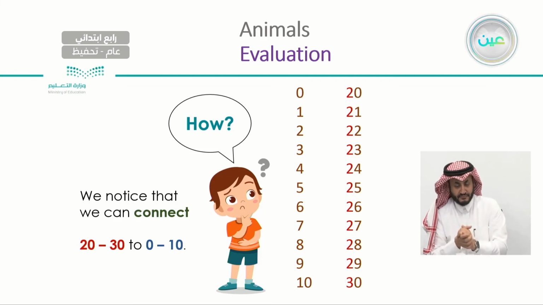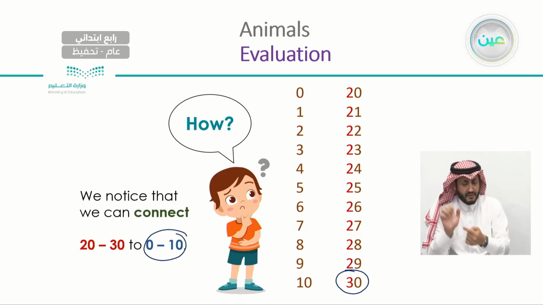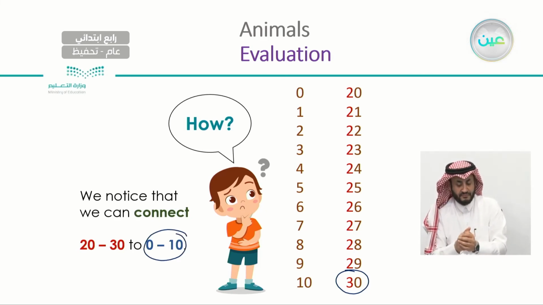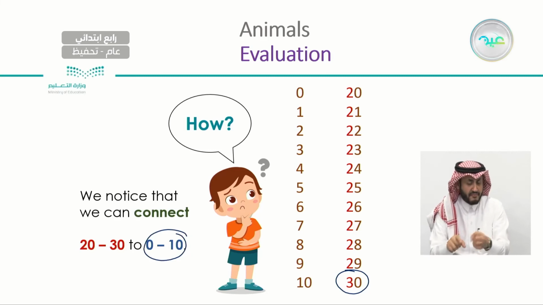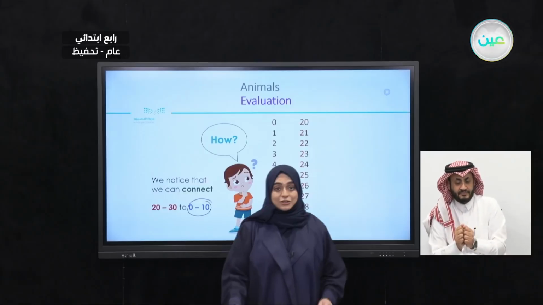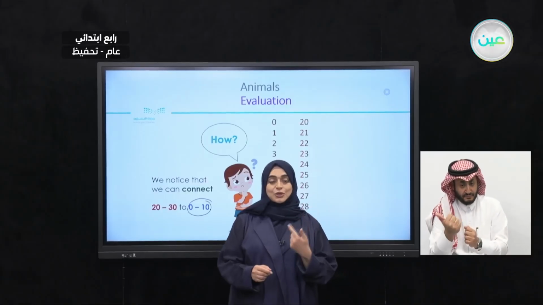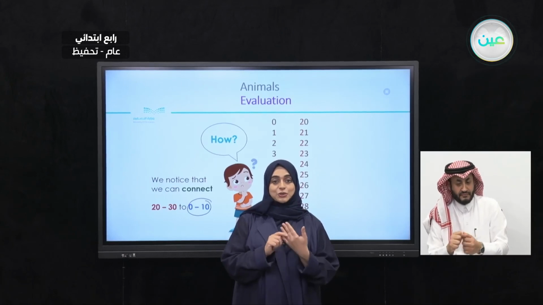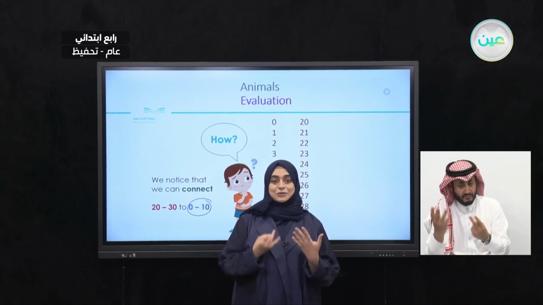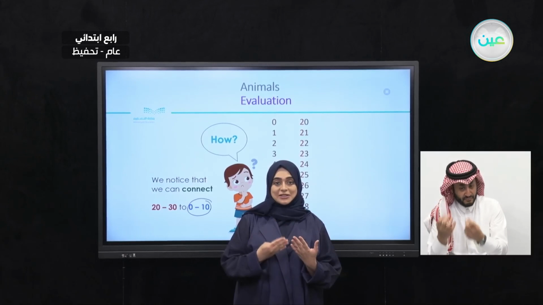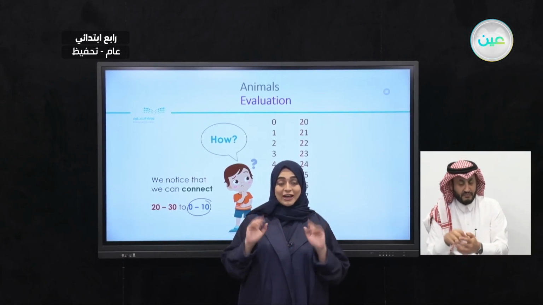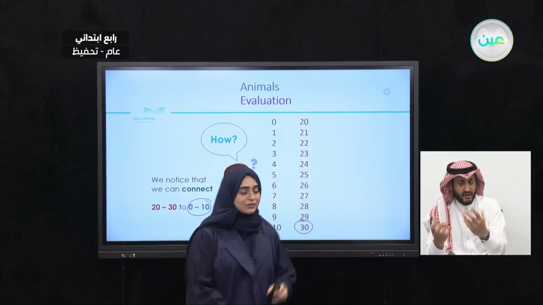Now, speaking of counting, we are still going to continue all the way until this number. How do we count until 30? We remember what we learned from 0 to 10. So, can you count with me using your fingers? Yes. 21, 22, 23, 24, 25, 26, 27, 28, 29, 30. I used my 10 fingers to count to 30.